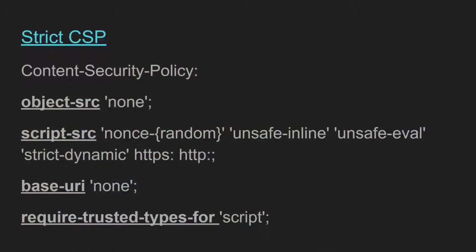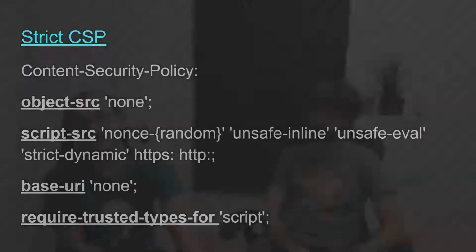And basically the first directive, object-src 'none', says we're not using plugins, we're not using Java applets, we're not using Flash. It tells the browser, if you see someone loading this by any accident, this is not intended. We don't want any plugin to load.